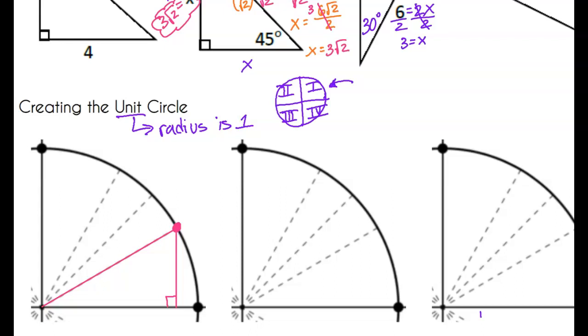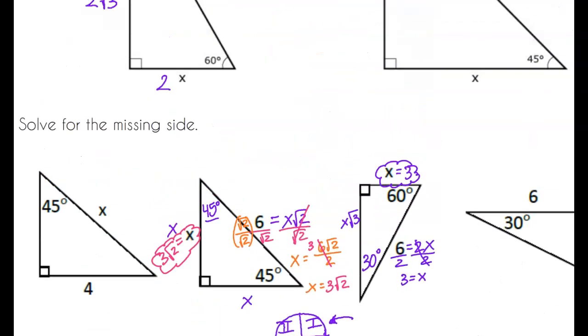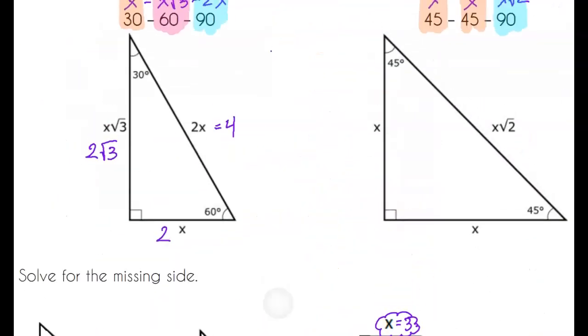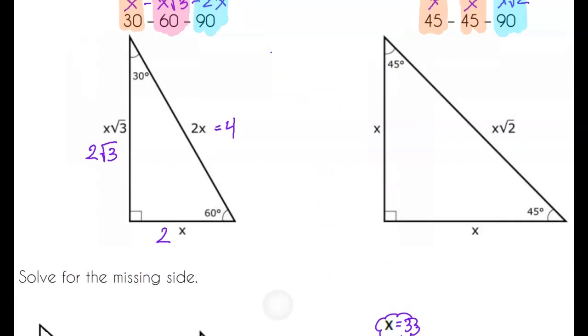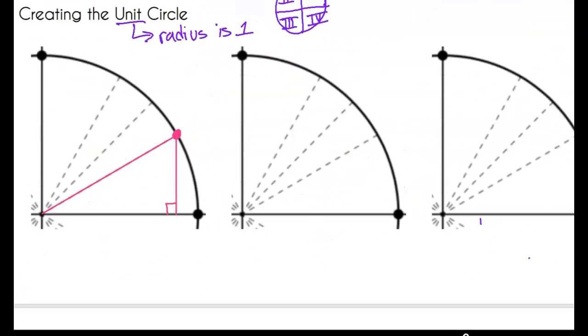Does anyone want to take a guess what type of triangle this is maybe? Keeping in mind what we just did. Yeah, it's a 30, 60, 90 triangle.